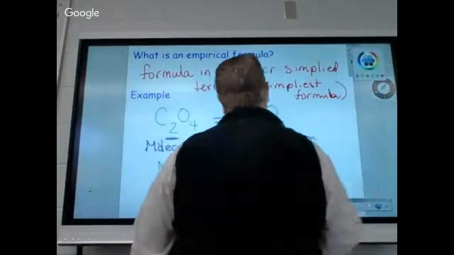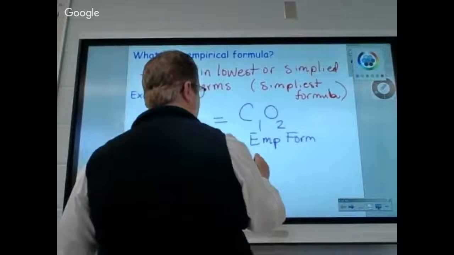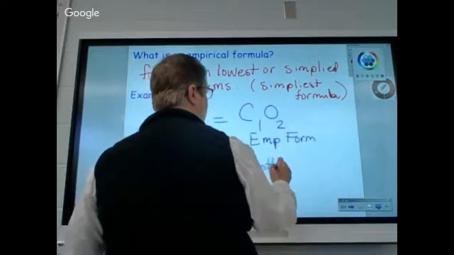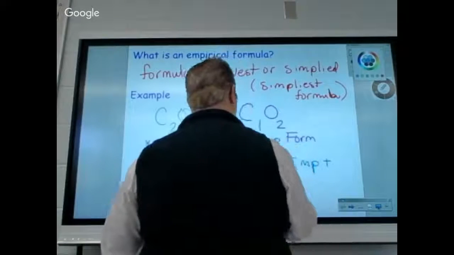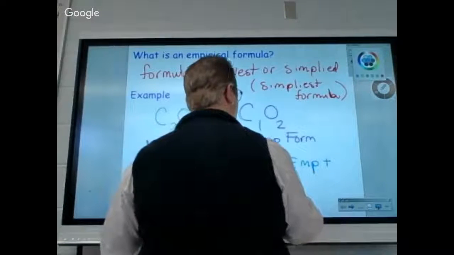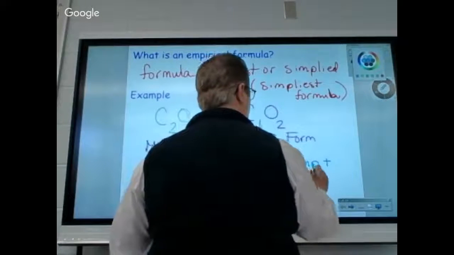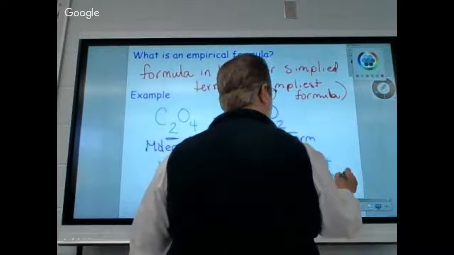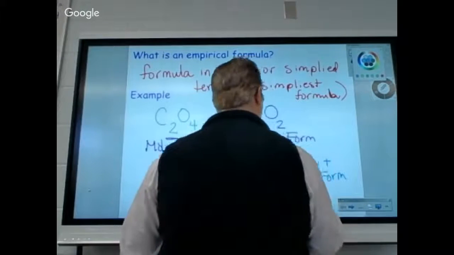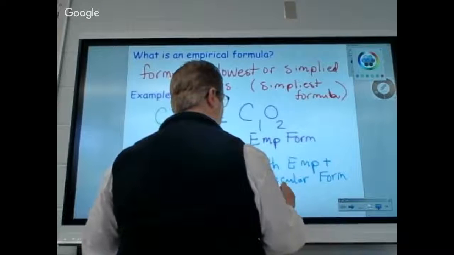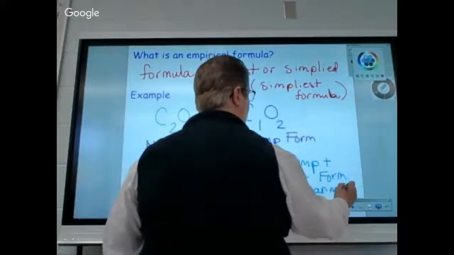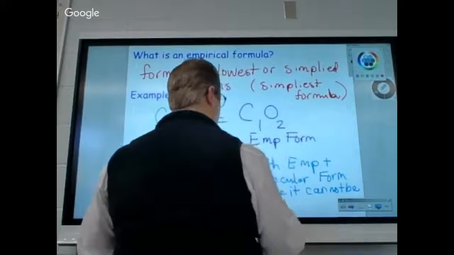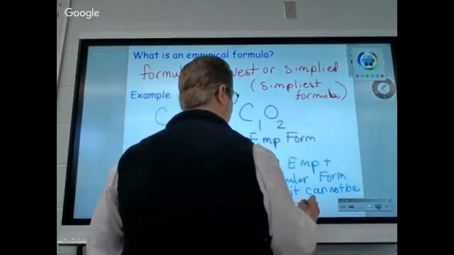So, in this case, this one is both the empirical and the molecular formula, since it cannot be reduced.